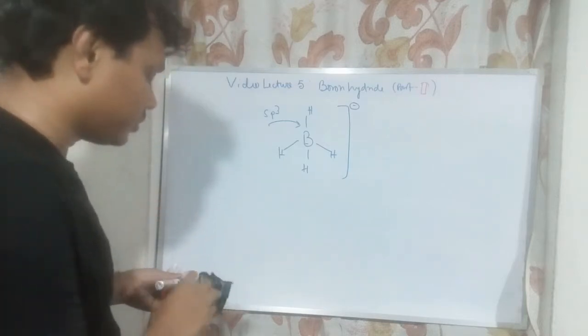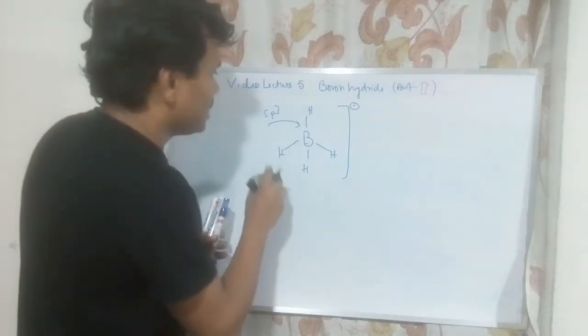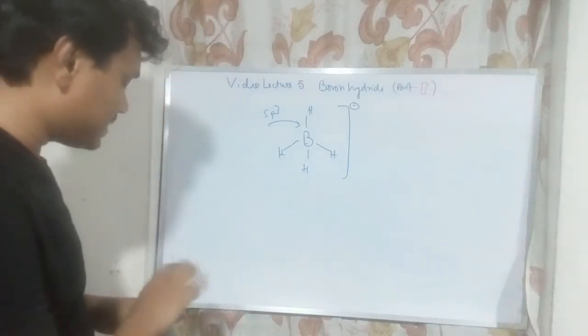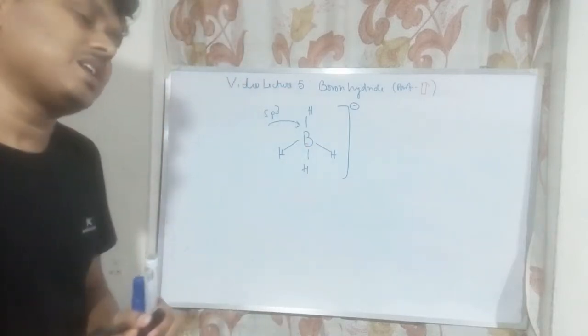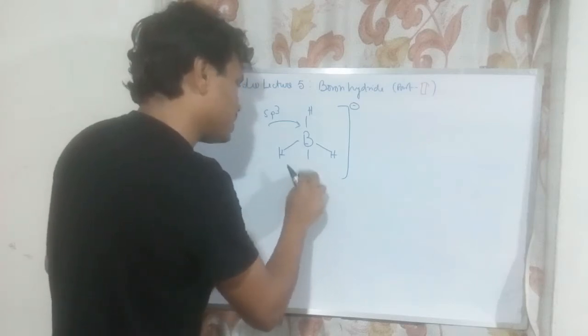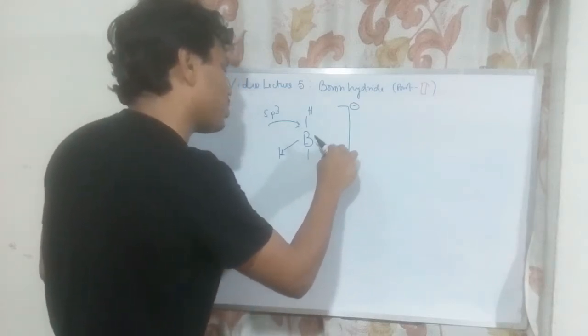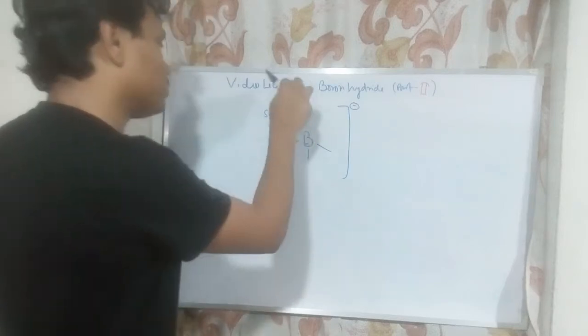But before going to details, we will discuss how to tune the reactivity of borohydride. You can see this borohydride is attached with 4 hydrogens, and for reduction we need at least 1 hydrogen. So we can maximum change these 3 hydrogens or minimum replace this 1 hydrogen among these 4.